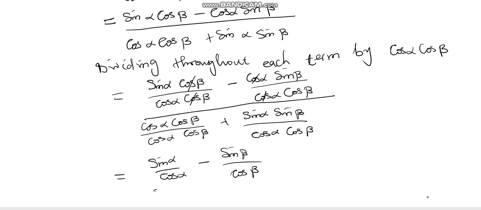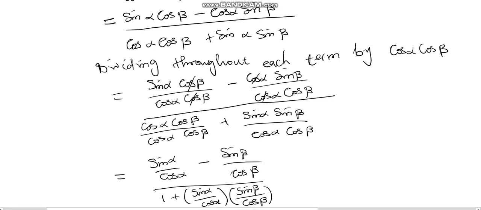Then everything is divided by 1 plus sine alpha over cos alpha, sine beta over cos beta, like this.